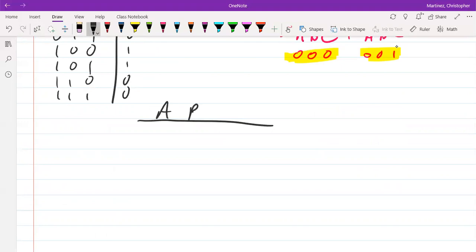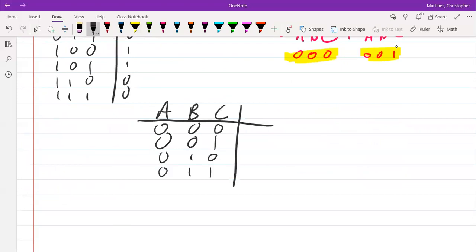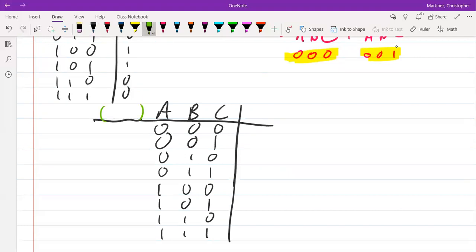And let's just look at ABC, and we write down each of these terms. Over here, I want the decimal number. 0, 0, 0, that's decimal 0. 0, 0, 1, that's decimal number 1.